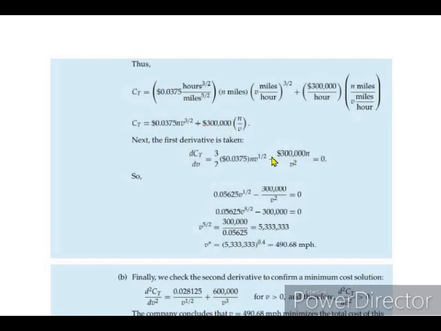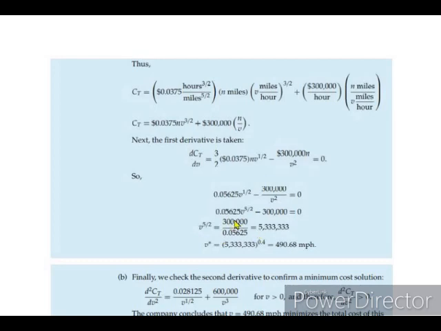Recall how to get that. It will be minus 300,000 over v squared, equal to 0. Next, multiply 3 halves by the quantity here. It will become 0.0562 v raised to 1 half minus 300,000 over v squared equals 0.